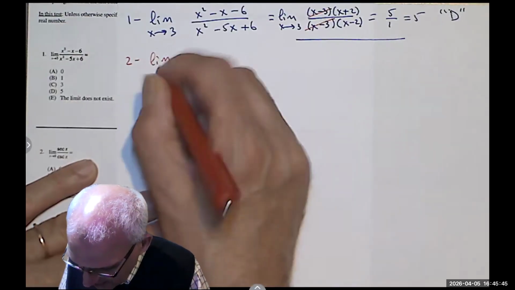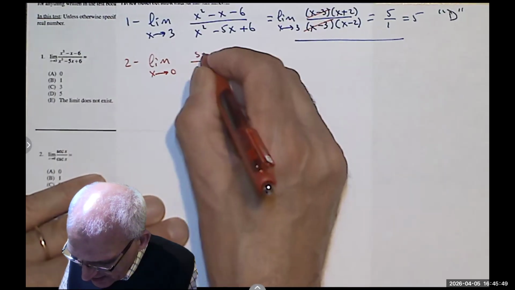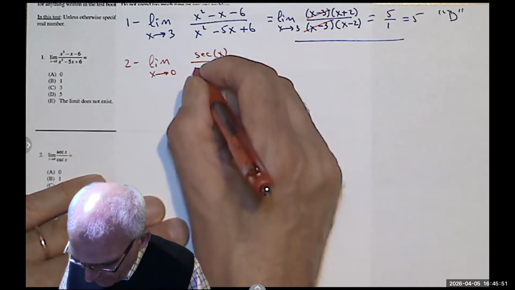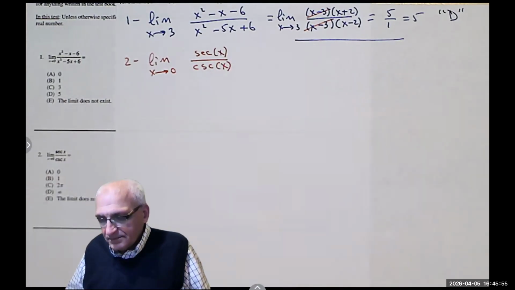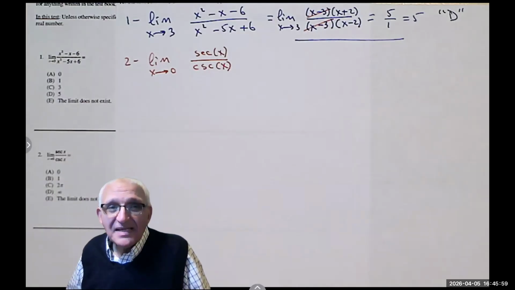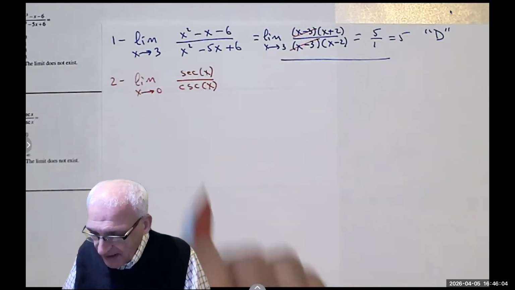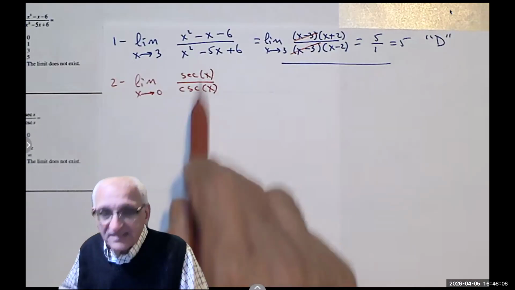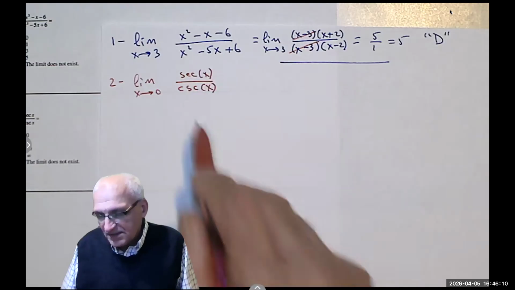Number two, another limit problem. Now x approaches 0 of secant x over cosecant x. Unfortunately, some students get confused here.